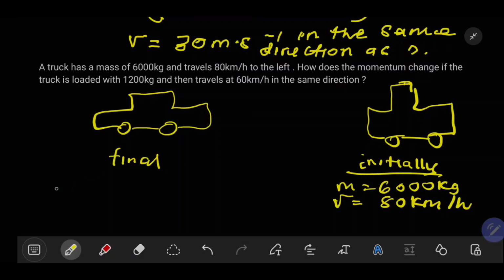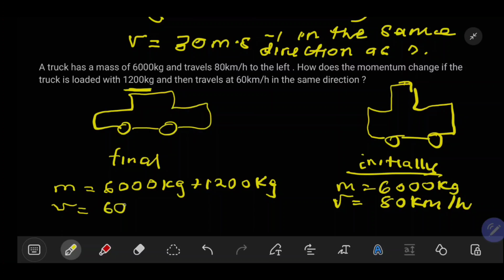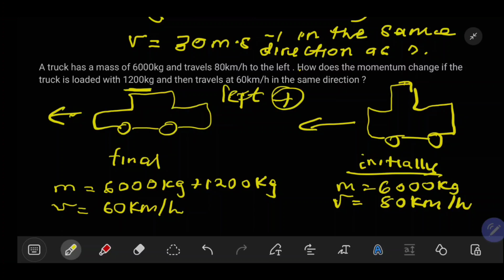Then the initial mass of the truck was 6,000 kg, and now they added a load of 1,200 kg. Then the velocity at which the truck now is traveling is 60 kilometers per hour. Now the truck is traveling to the left, so we can take that direction to be positive. So it means our left is positive.